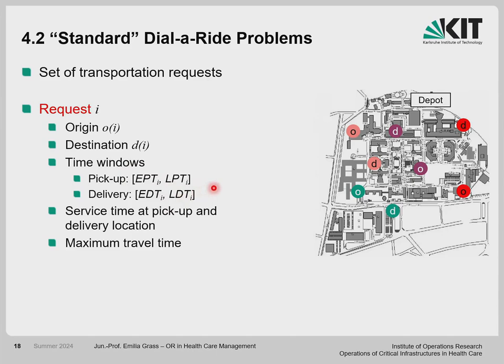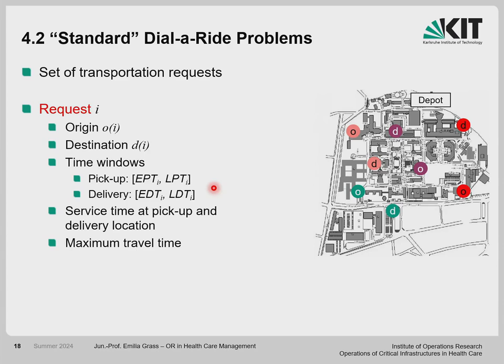And then you have service time at the pickup and also the delivery location, because sometimes you have a patient that requires more assistance because they cannot walk, for instance. They need a wheelchair, whatever. And then you have patients that can simply walk and sit in the vehicle without any kind of assistance. But you have to take into account that service time could be dependent on the patient and their health status.